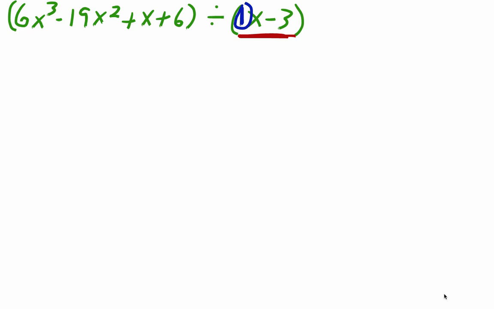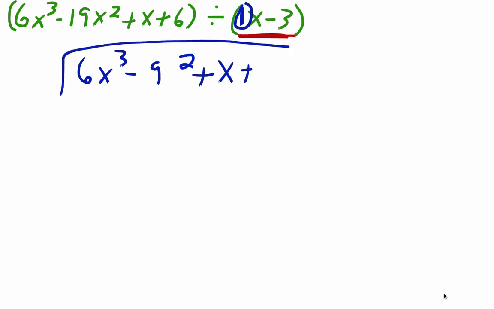But since it's 1, we can just use that. So we're going to write it as 6x cubed minus 19x squared plus x plus 6 divided by x minus 3. Alright, for the first step then, we're going to just bring down the 6x cubed.